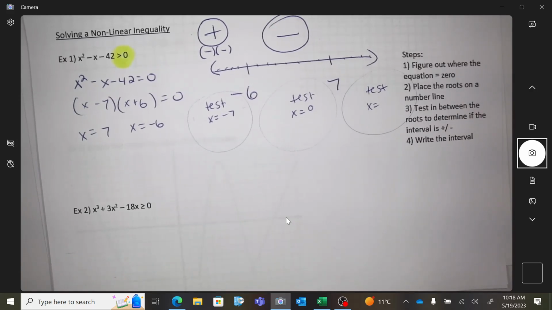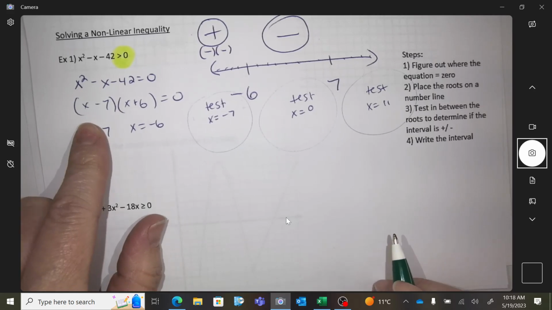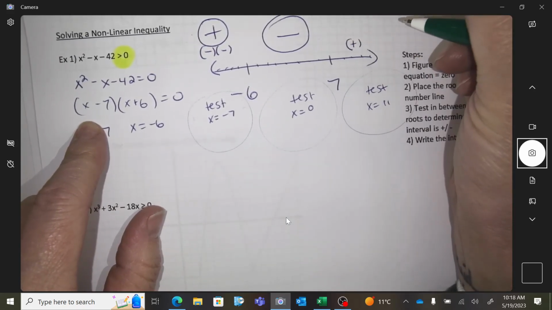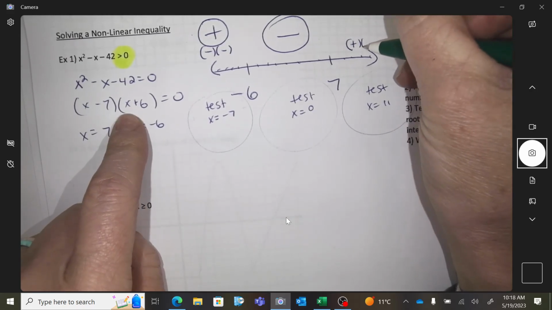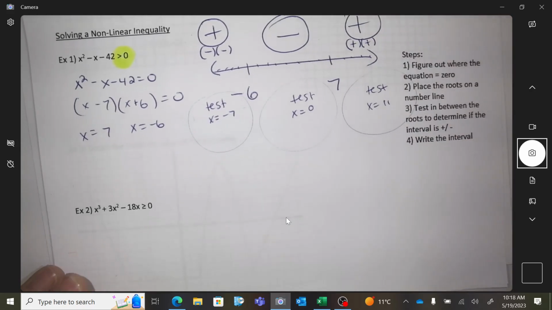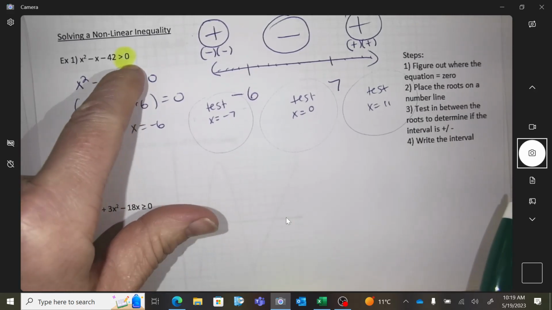X equals what would be out on that side? 11. 11 minus 7 is positive. 11 plus 6 is positive, so that number would come out to be positive. Okay, now we can answer the question. Where did we end up being greater than 0?